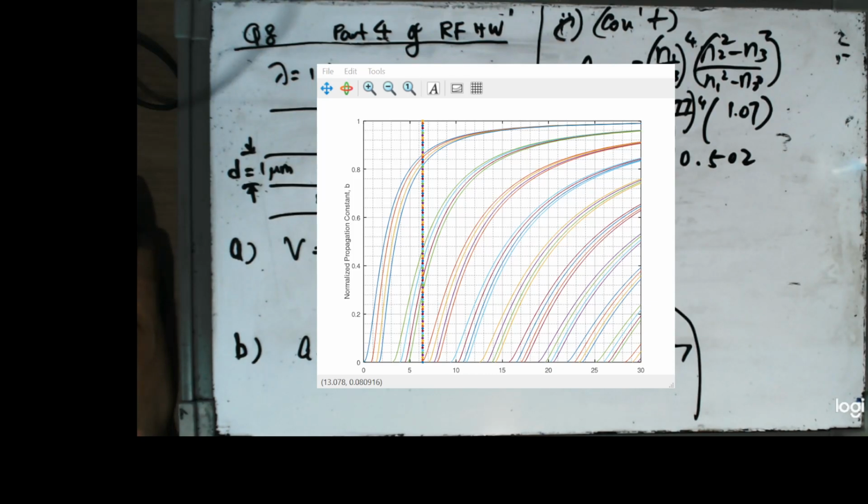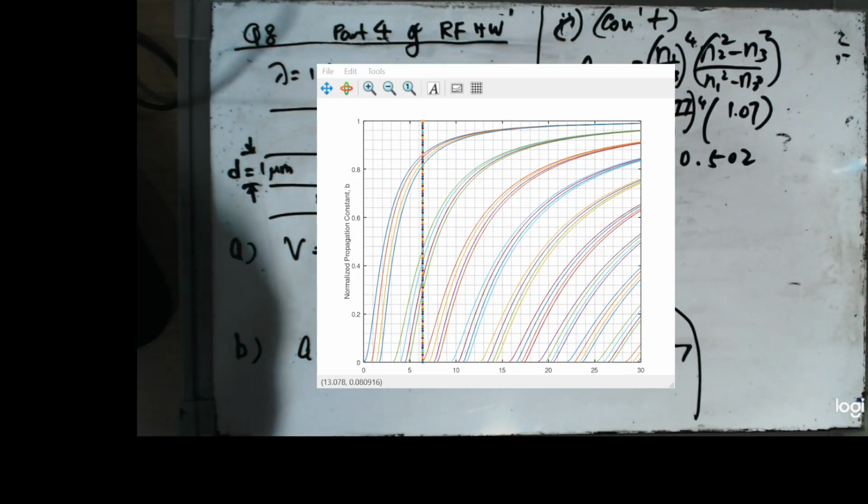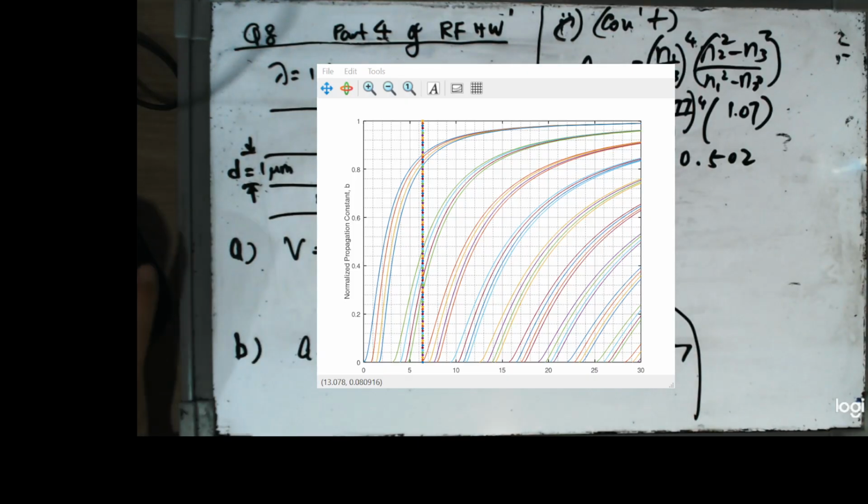Now you are looking at the BV curve. The vertical line represents the calculated V number. The calculated V number is 6.3. So I got 6.37 here. So from what you can see here, you have only 2 modes.